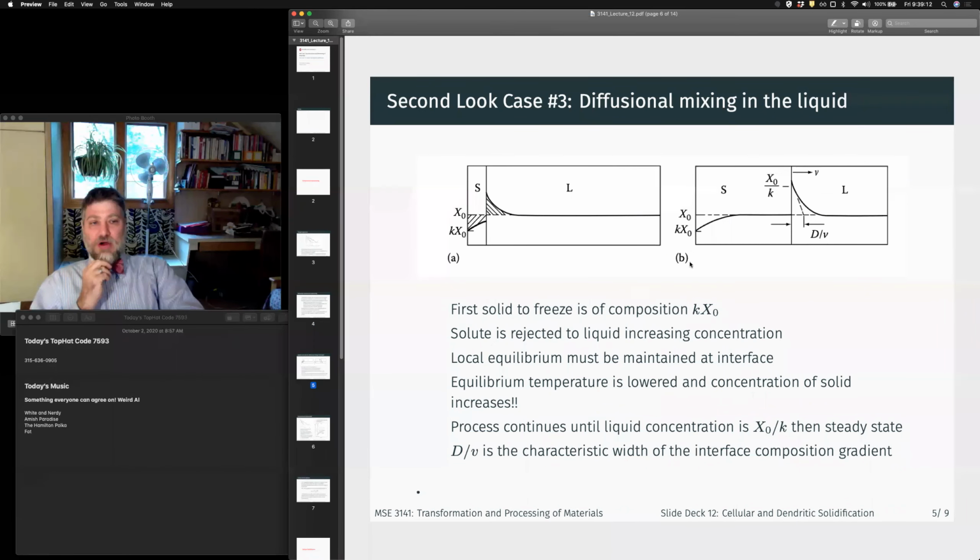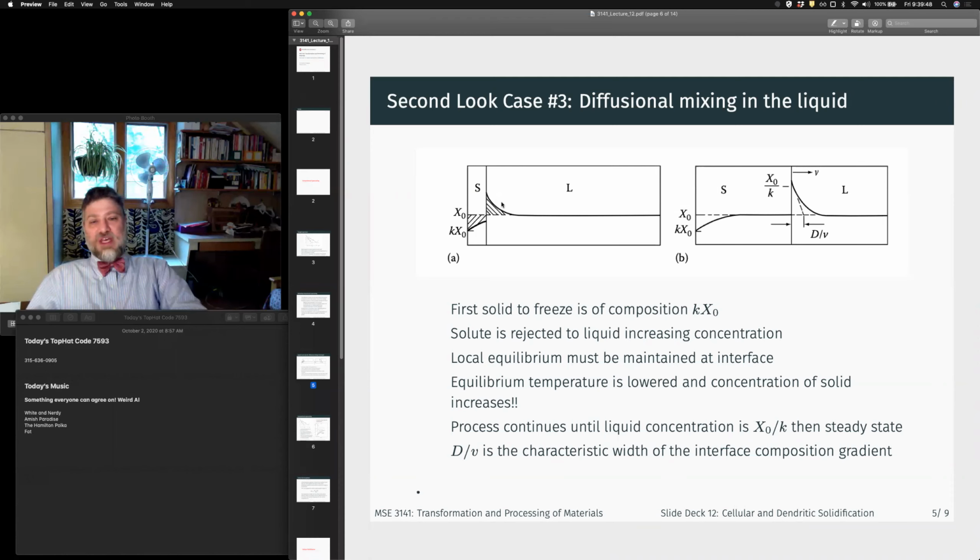So if we review quickly what we talked about on Wednesday, we assume we have no diffusion in the solid and diffusional mixing in the liquid. We're going to reject solute from the growing solid into the liquid. The concentration of the solute in the liquid in front of the growing interface is going to be higher than in the rest of the bulk liquid.